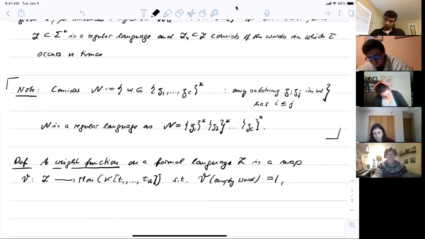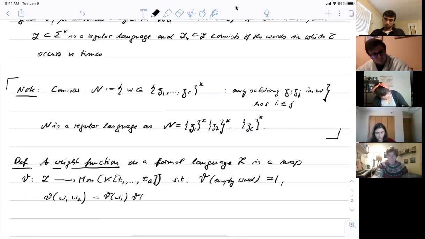And if I concatenate any two words, w_1 and w_2, the weight of it should be the product of the weights of the individual parts, right? v(w_1) and v(w_2) are monomials, we can multiply them.